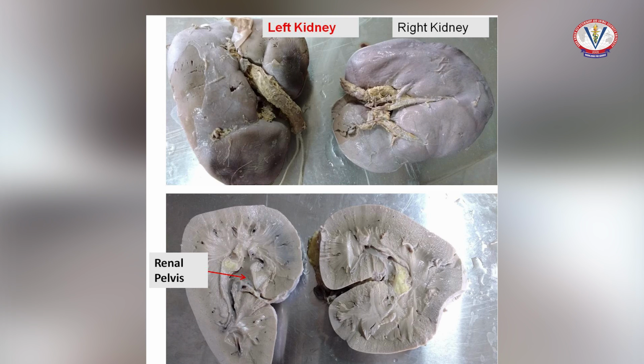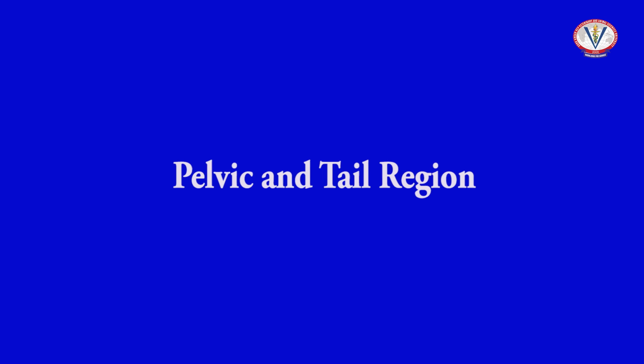The right kidney lies ventral to the last 2 or 3 ribs and the first lumbar transverse process, whereas the left kidney lies between the 17th rib and the second to third transverse process of the lumbar vertebrae.